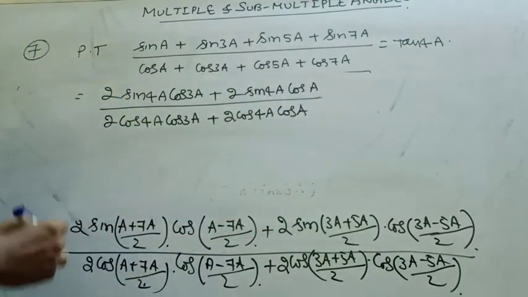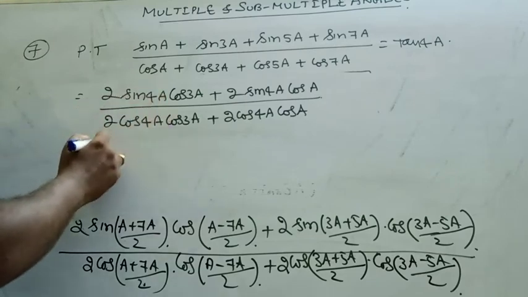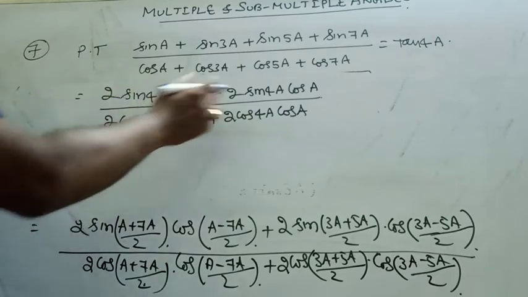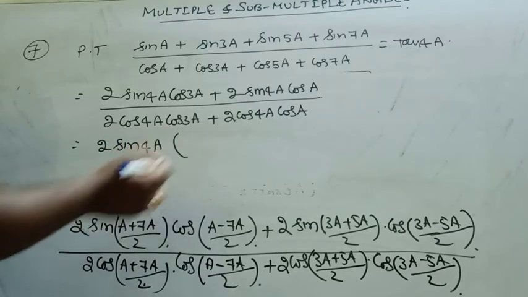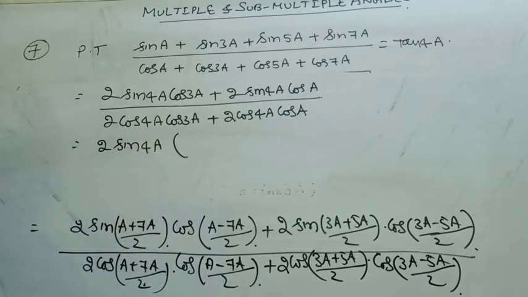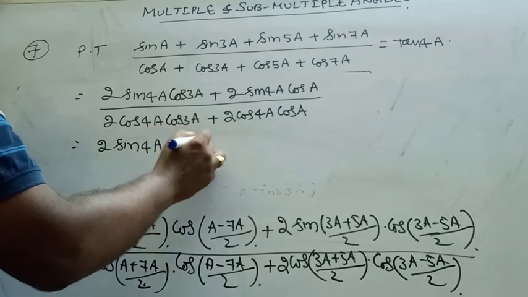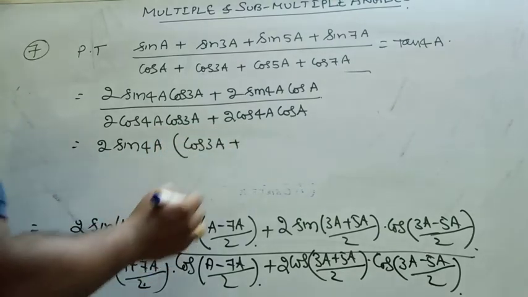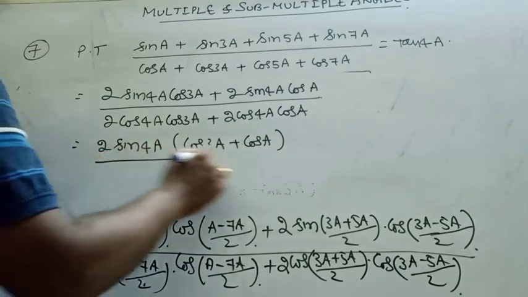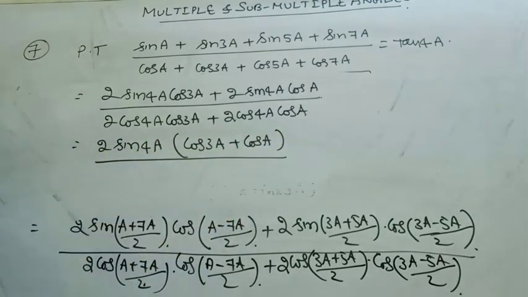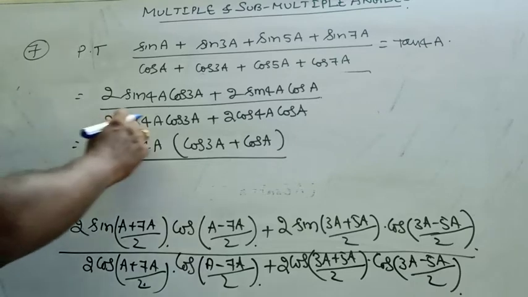Wonderful. Now see, my dear students, we can take 2 common. 2 sin 4a is common. If you take 2 sin 4a common, what you are going to get is cos 3a plus cos a, divided by, you have here 2 cos 4a common.